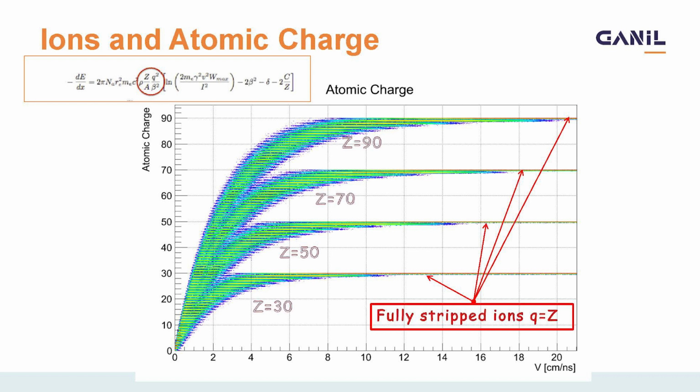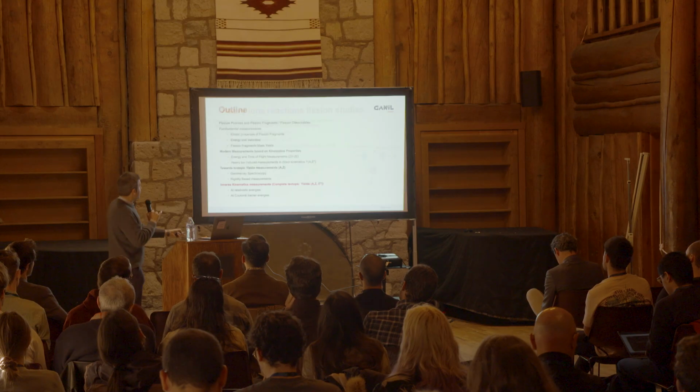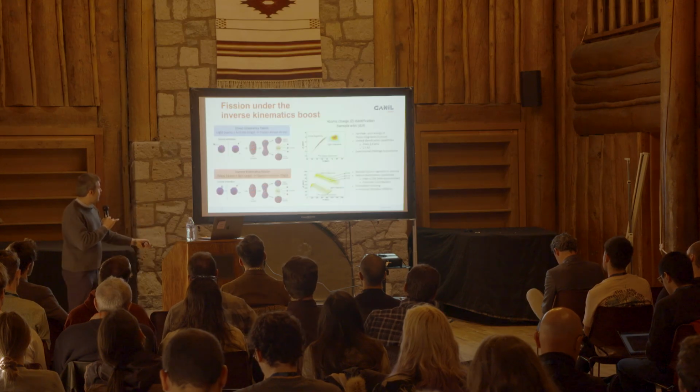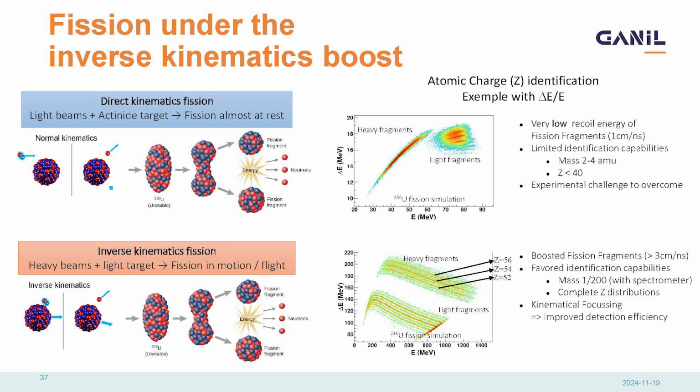At 3 centimeters per nanosecond, you can start to get something good. Maybe not for the 90, but at least until 60 or 70, you can do something. So this is where we are placing ourselves. You can get these correlations, and every line here is associated to a different Z, with the light fragments and the heavy fragments. So you can now get a complete measurement of the whole fission charge distribution.